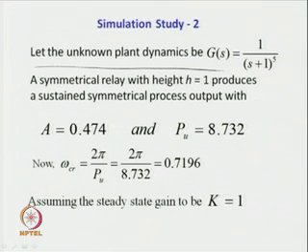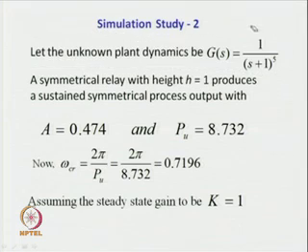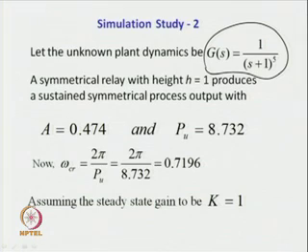be G(s) is equal to 1 upon (s plus 1) to the power 5. So, in this case, the actual plant is an all pole plant with 5 repeated poles located at s equal to -1.